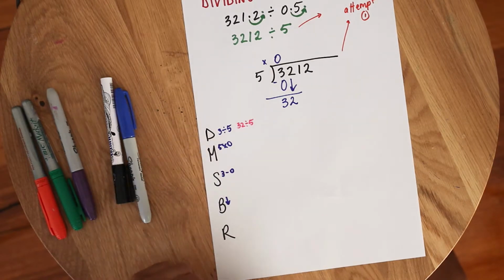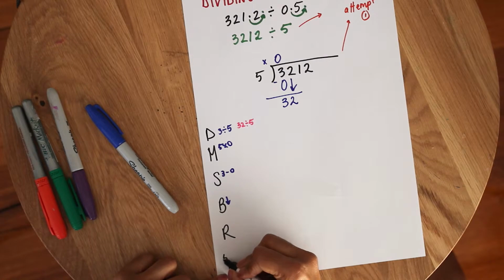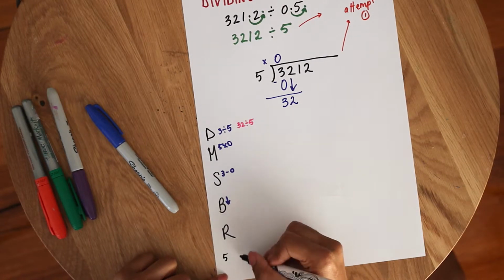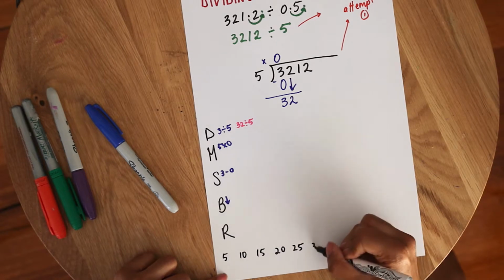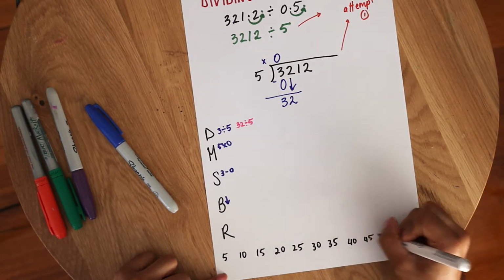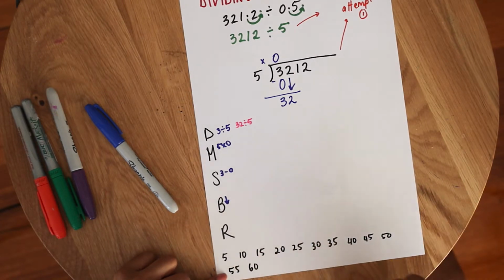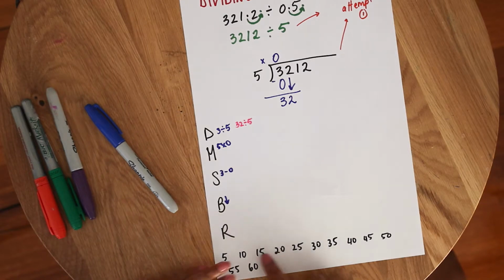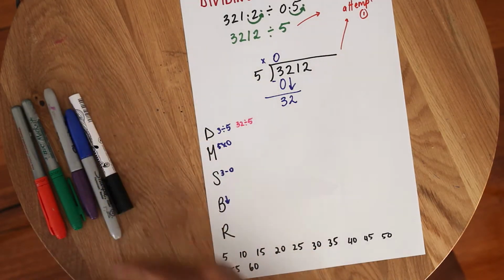Now if you really struggle with your division and times tables, the best way is to actually write your multiples down the bottom. So 5, 10, 15, 20, 25, 30, 35, 40, 45, 50, 55, 60. Okay, and we wrote our 5 times tables because our dividing number is 5. Alright, so let's do the next step.